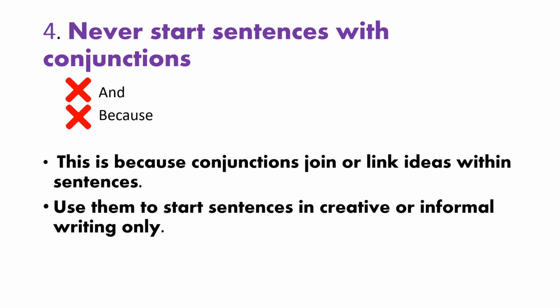Although you can use them in creative writing or other kinds of informal writing, try not to use them in your formal writing. Instead, you can use words like in addition, however, on the other hand, such transitional words that will leave a good impression on the reader and make your formal essay or report look better, right?